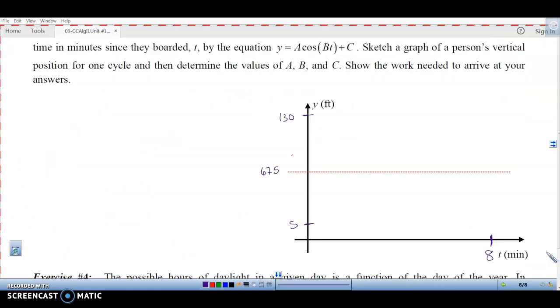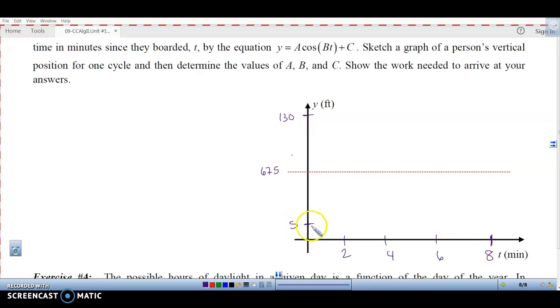All right, so here's what happens with cosine. We said that this is going to be 8. So that means if we divide this into 4 sections, 8 divided by 4 is going to be 2. So this is going to be 2, 4, 6, and 8. So what happens at each of these points?